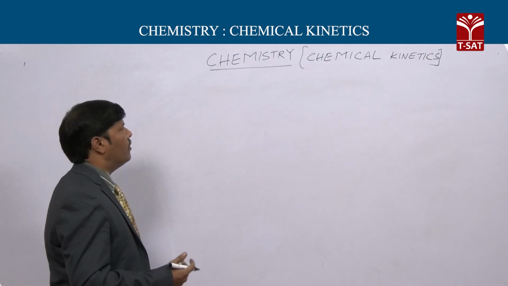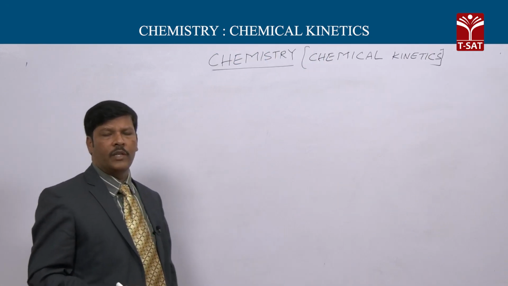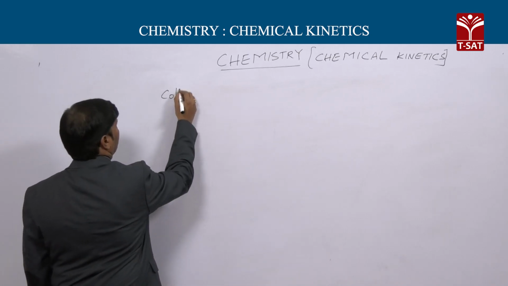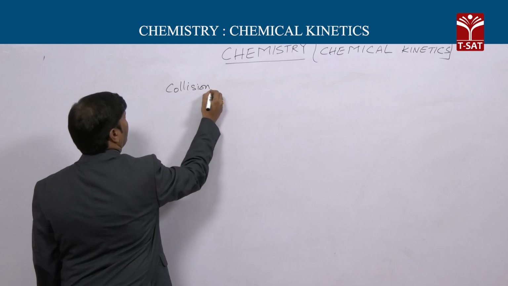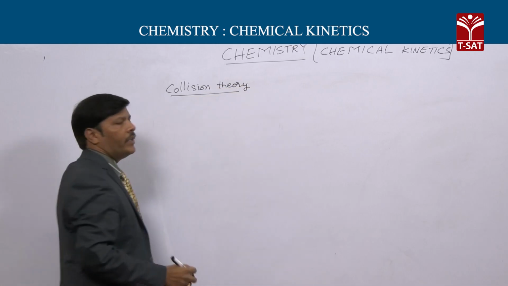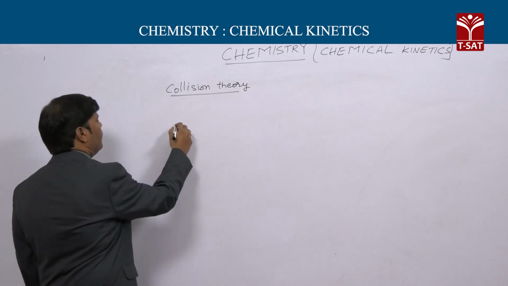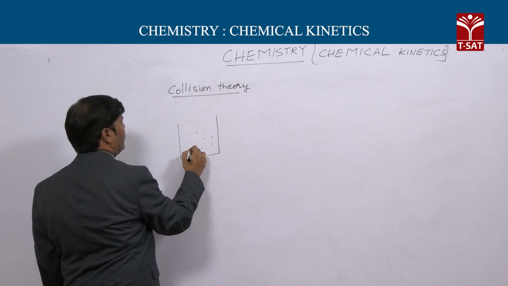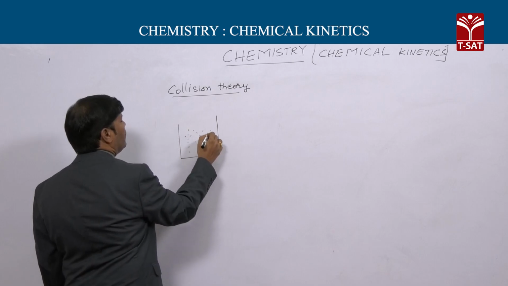So, my dear students, now let us go to the next part of the concept in chemical kinetics, that is collision theory. It is a very important topic. In collision theory, what we need to understand here is, if you take a container, imagine that these are all molecules.